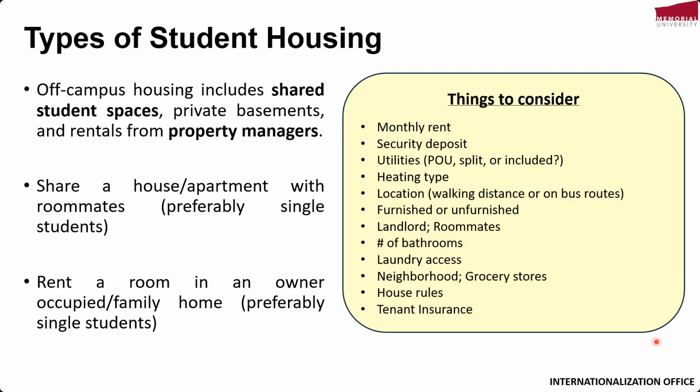That means you have to pay additionally for your utilities. Usually in a shared accommodation, the utilities are divided equally among all the tenants. So if you are living with one other person, you will share 50-50. If you are living with 4 or 5, it will be split accordingly among all. Then there is the heating type. There are two types of heating: oil heating and electric heating.